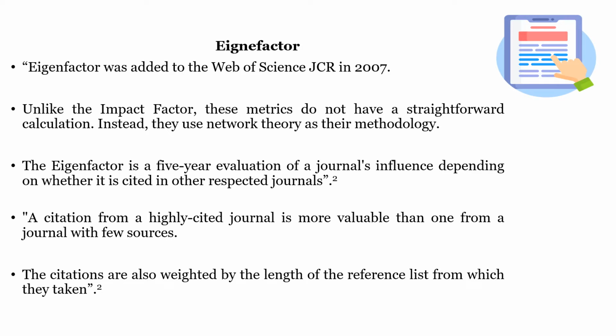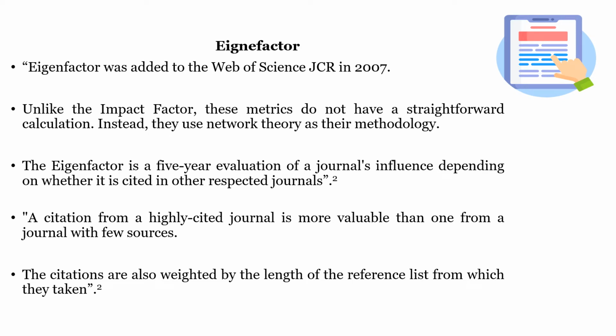So, in order to remove this flaw, the Eigenfactor has been taken up in such a way that self-citations are not considered in the calculations. The Eigenfactor is based on the average citations in the JCR year to papers published in the last 5 years.